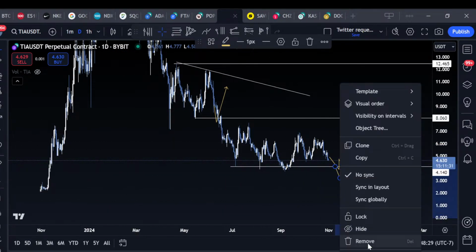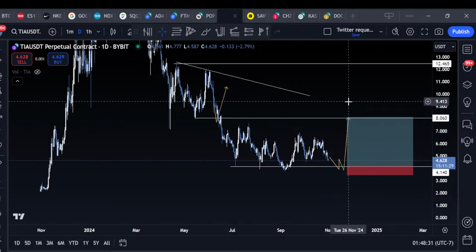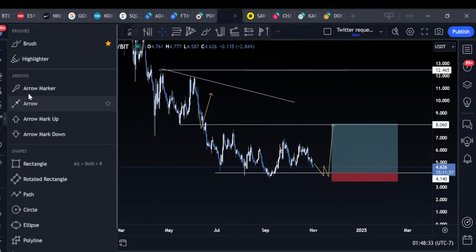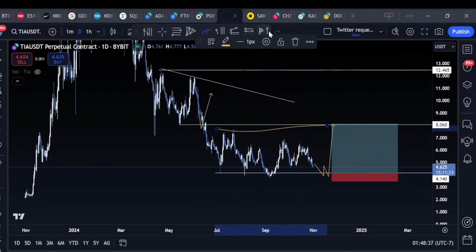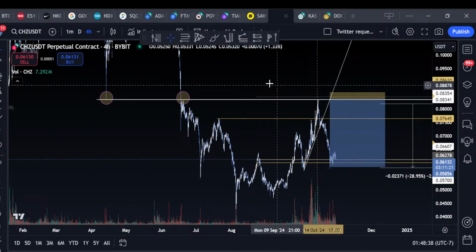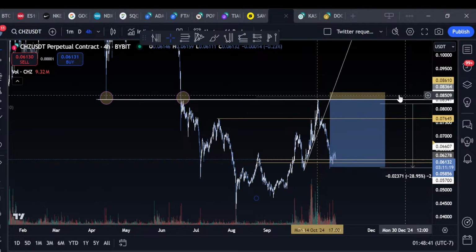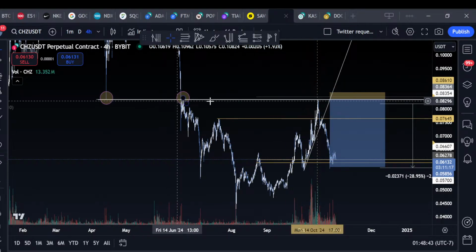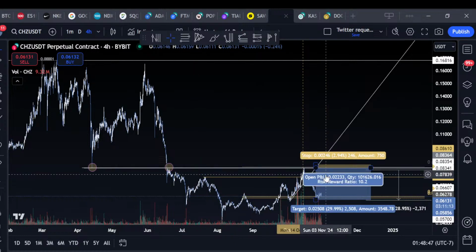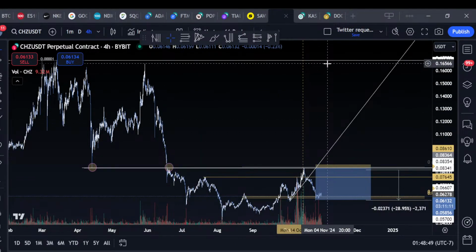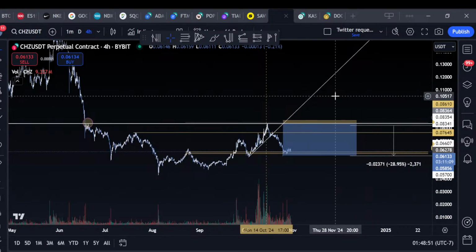So that's just something to be clear about: this isn't a prediction, this is a setup, right? It's like the CHZ short is not a prediction. It's to say, if we don't break out of this, I'm willing to short. If we break out of it, there's no structure up here, and I'm not going to be in a short while price does this. I don't have to predict anything.